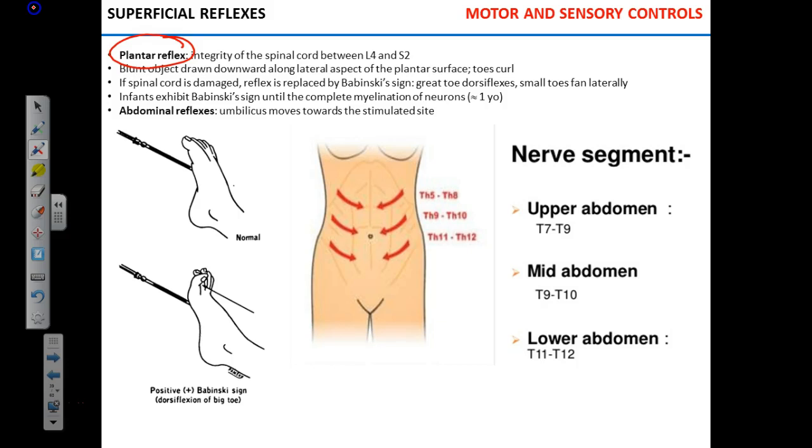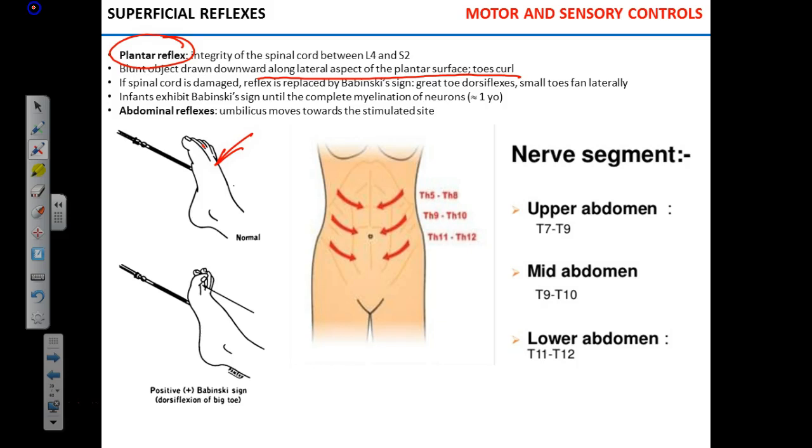So plantar reflex, normally, if you use a blunt tool and you draw it along the lateral aspect of your sole, the plantar surface, the toes will curl like this. So if this is a toe and you draw it here, it will do this. And that's a normal response. This is called plantar reflex.